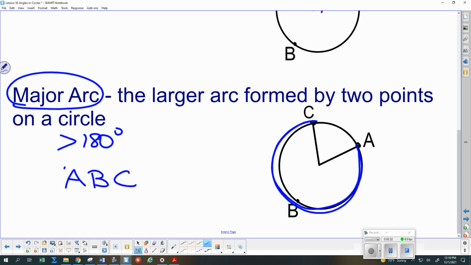Start at A, go through B, and end up at C. Or start at C, go through B, and end up at A does the same thing. So minor and major, smaller and bigger. Do you go the short way or the long way between the points? And it does not have to have an angle in there. It could, but it doesn't have to. It's just about the points that are on the circle.